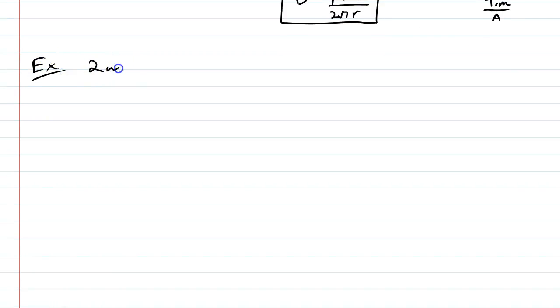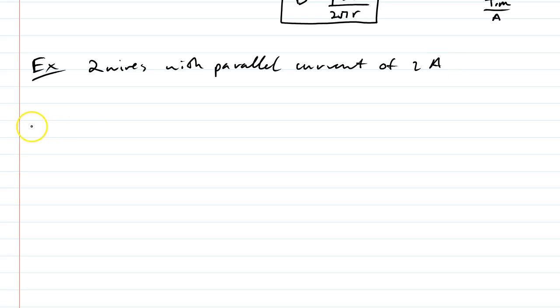Let's say we have 2 wires with parallel currents of 2 amps. And let's say that these wires have a separation of 1 millimeter. Okay, we're going to answer 2 questions.